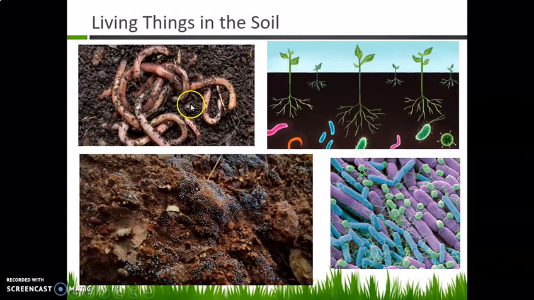The fungi and the earthworms and the bacteria, you see them? Their job is, when any kind of animal and plant dies and it goes under the soil, to break down all of the dead plants and animals and turn them into nutrients in the soil.